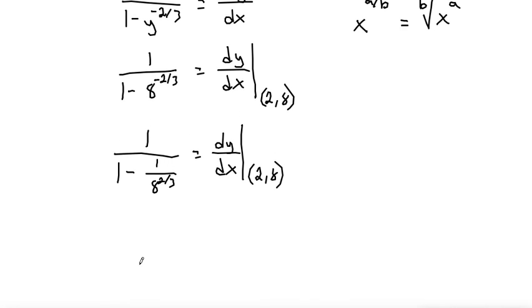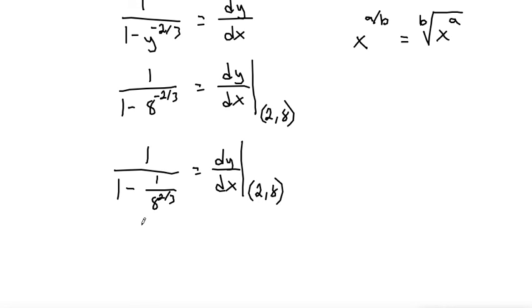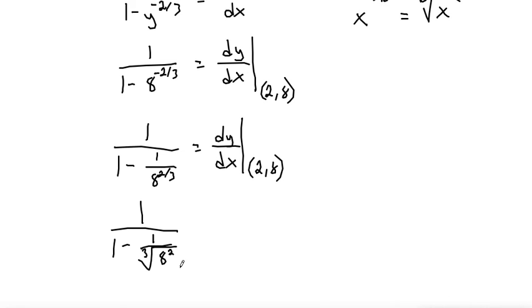So this means 1 over (1 minus 1 over the cube root of 8 to the power of 2). All right, so simplifying that, the cube root of 8 is 2, and then we square it after we take the cube root. 2 squared is 4, so that would be 1 over (1 minus 1/4).